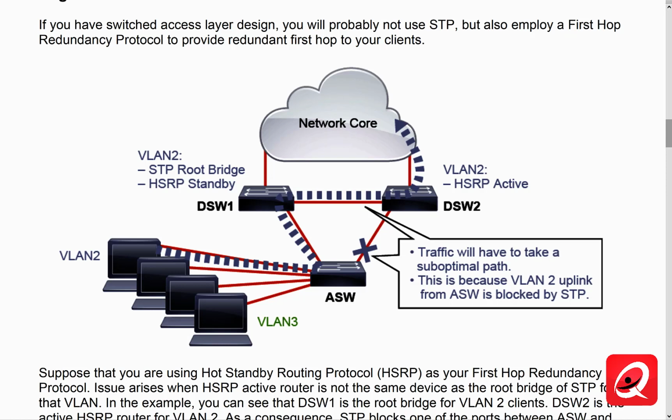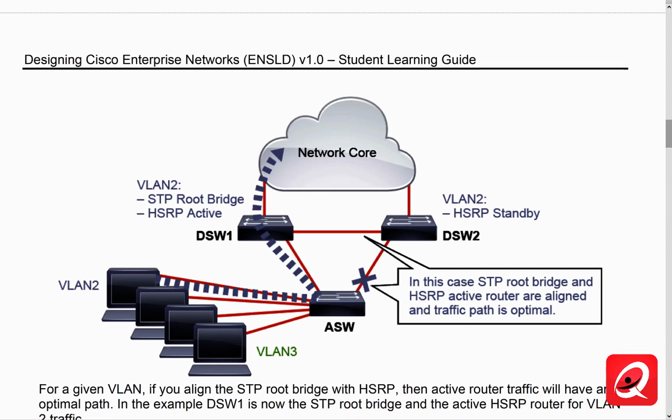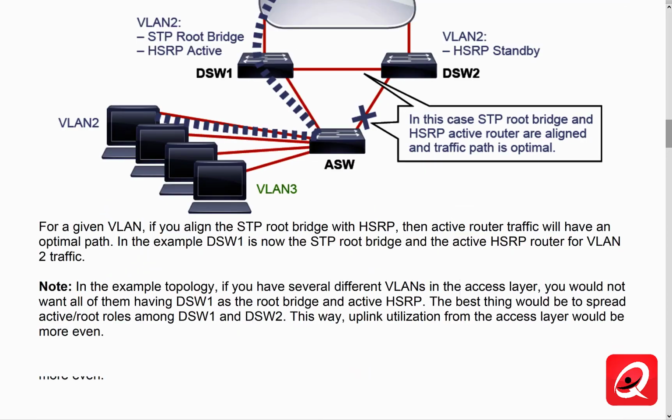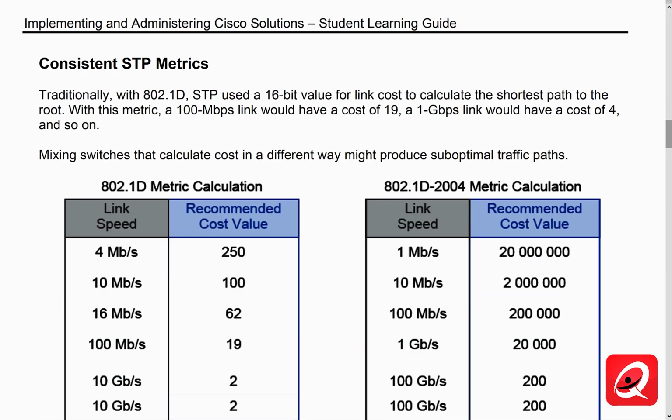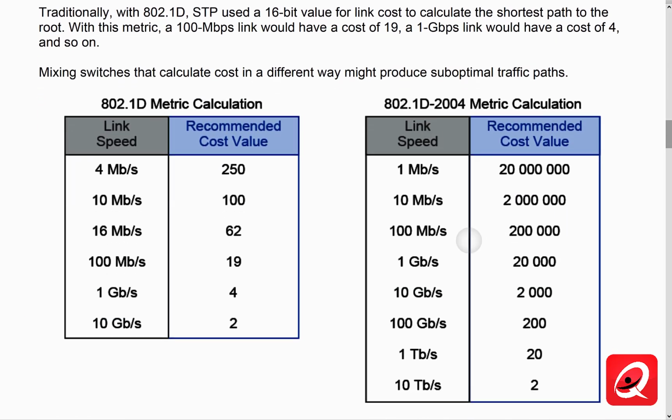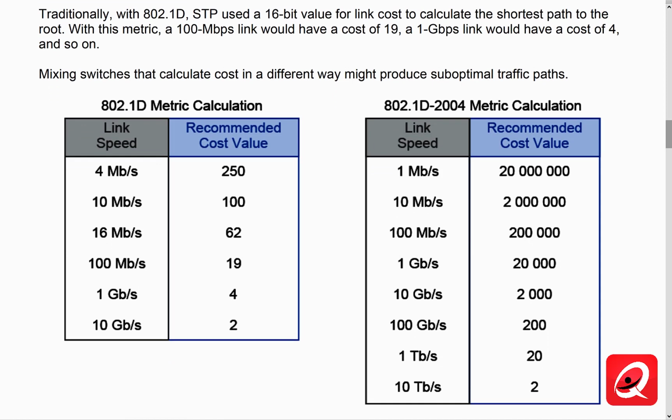Another consideration when we're dealing with spanning tree is the metrics that are used. We don't really have to concern ourselves with this too much these days because most of the modern versions of spanning tree, including the common spanning tree variants, which came out in 2004, are pretty much default on the switches today.